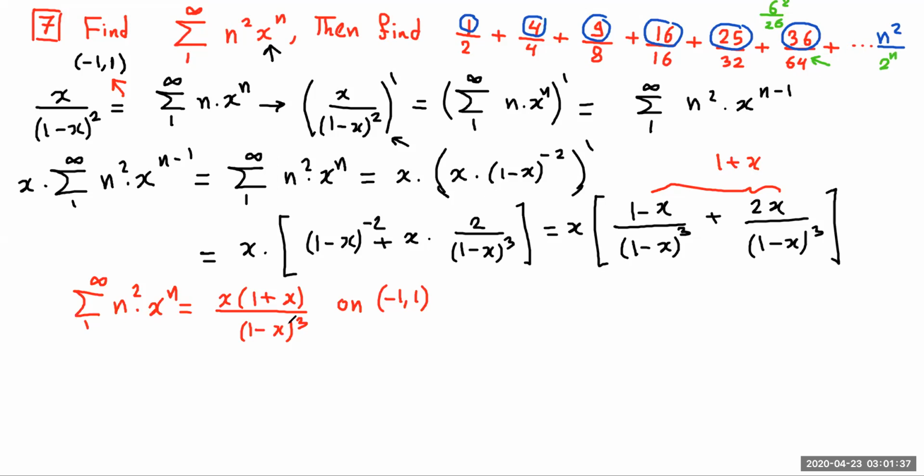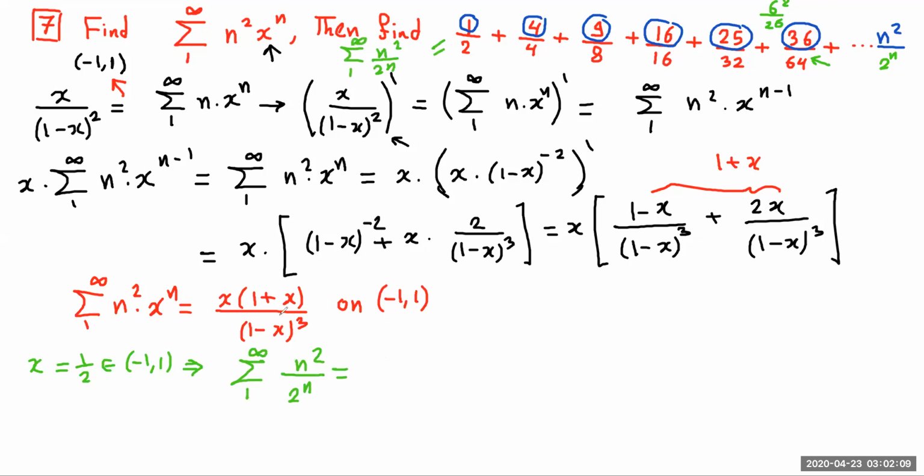So let's give x a half. A half is on the interval minus 1, 1, so I can give x a half. So I have sigma n power 2 divided by 2 power n from 1 to infinity.